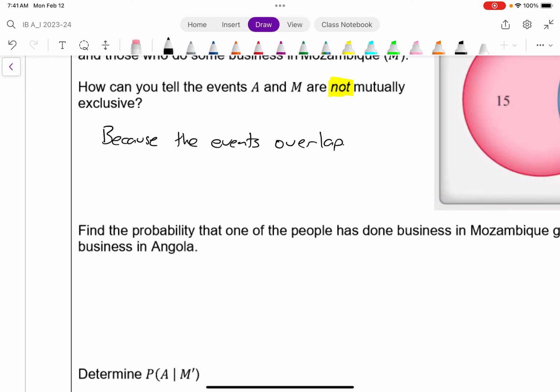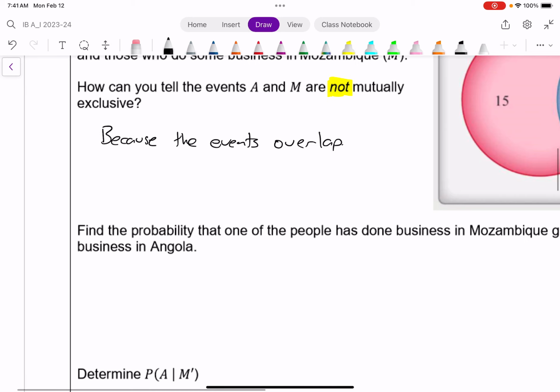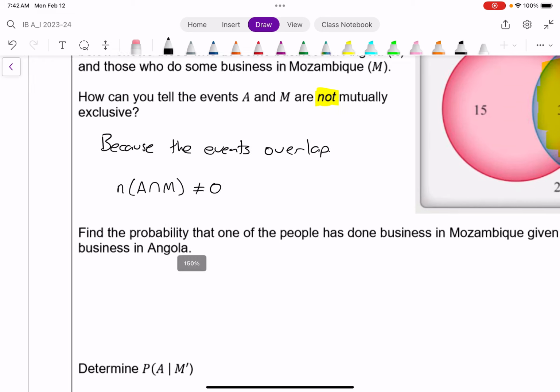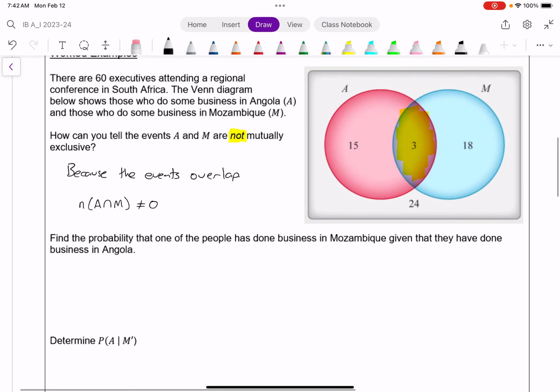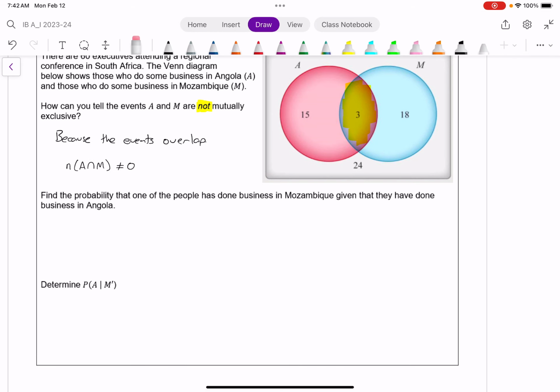Or I could say this, that means that the number of people where A and M overlap is not 0. So another way of looking at this is if, again, this equaled 0, then we would know they were mutually exclusive.